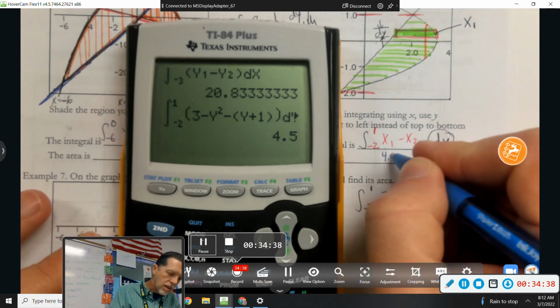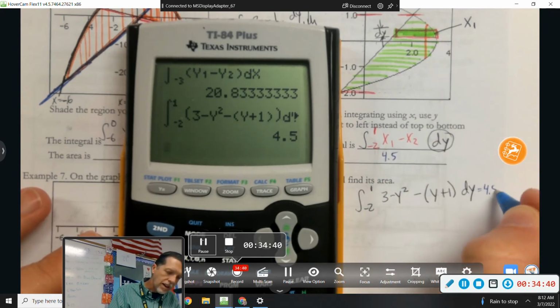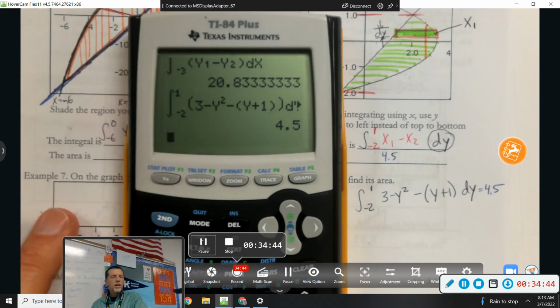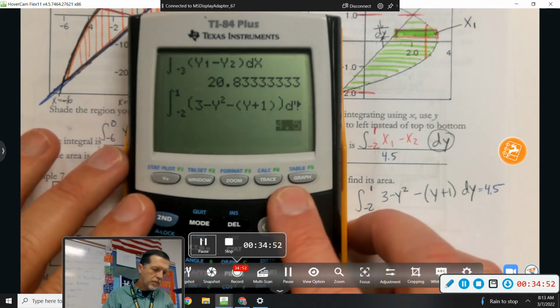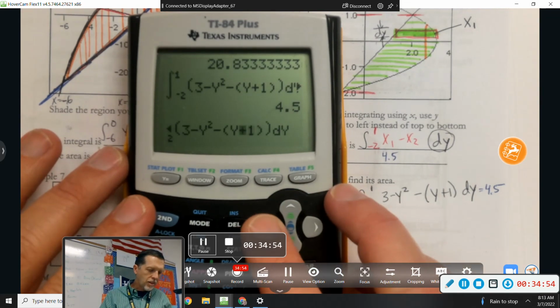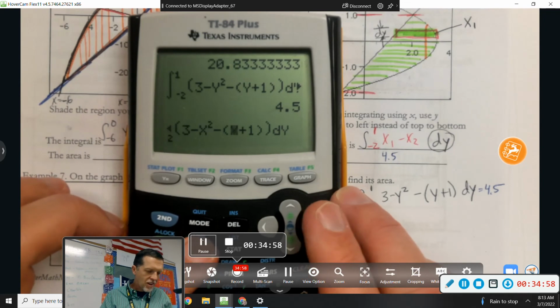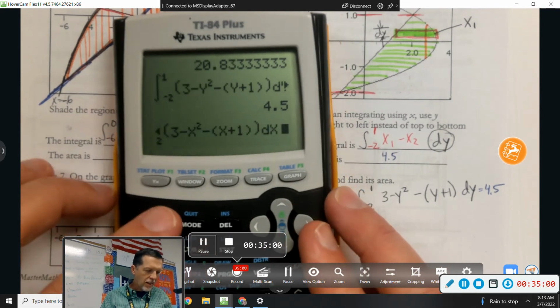And all of that, I get an area of 4.5. Connor, if you had switched all the x's and the y's, you can do the same thing here. You'd switch all the x's to y's, and you still get the same answer.